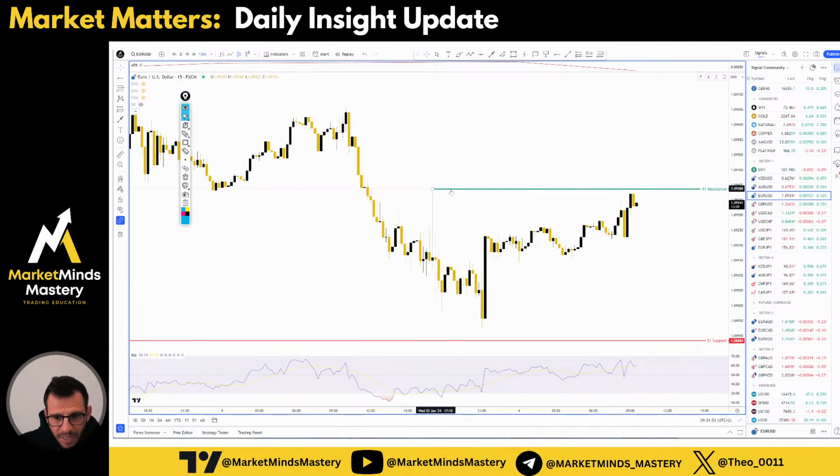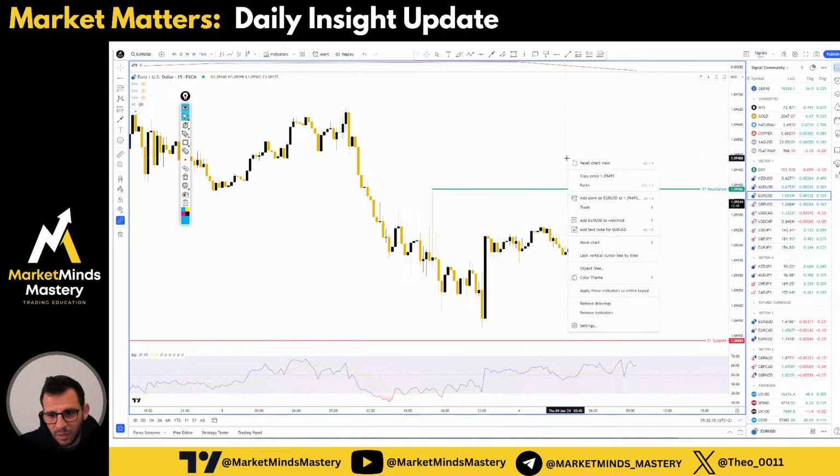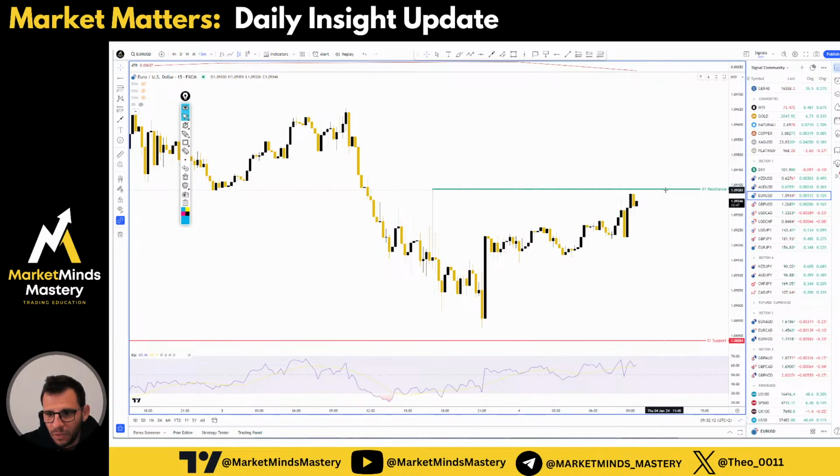This high here can cause the price to change direction. It's a strong one, so at this point I'm not going to place any breakout orders. I want to see the price move away from this high and then start looking for longs. So for now, euro US dollar, remember, price is at resistance.